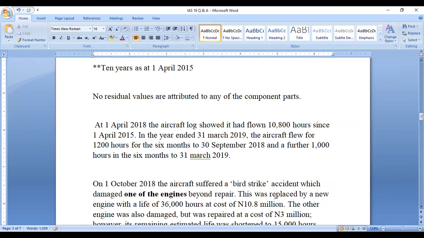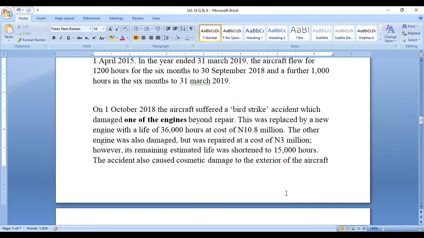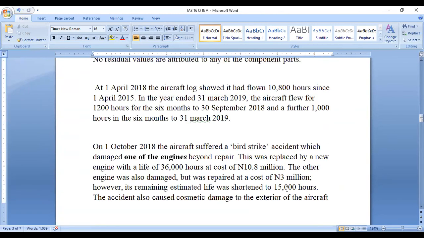So the next thing we're going to do, we've calculated the carrying amount of the damaged engine. We've left that one. Now let's look at the carrying amount of the exterior structure.